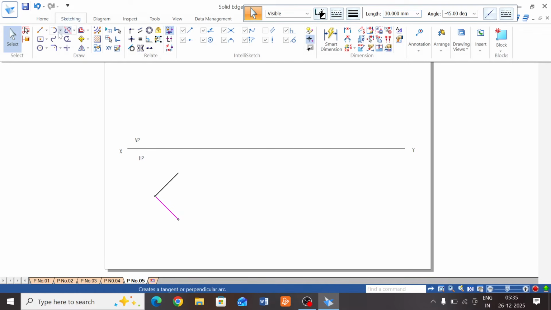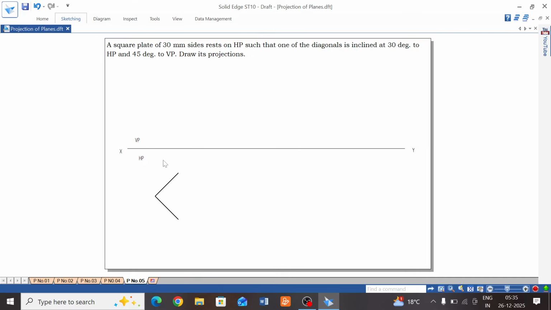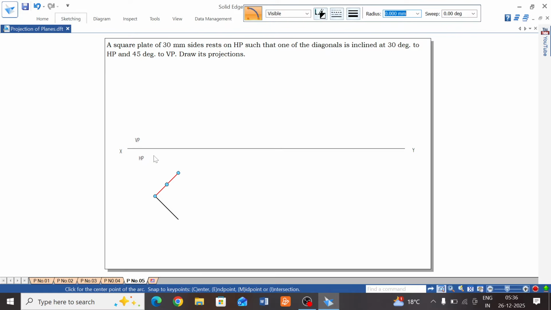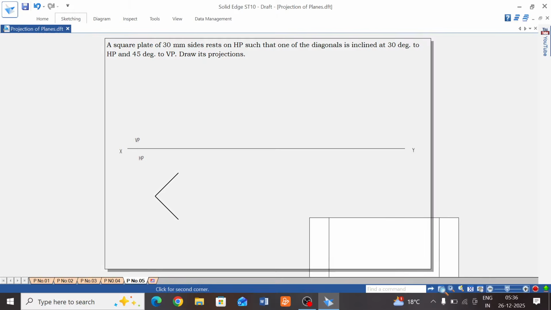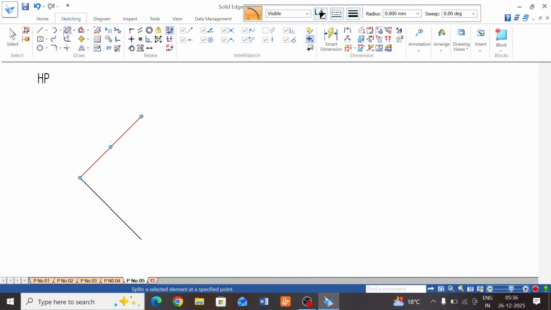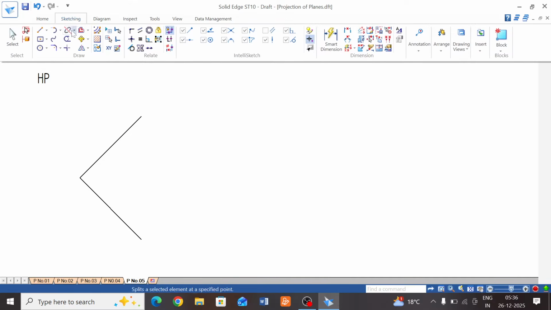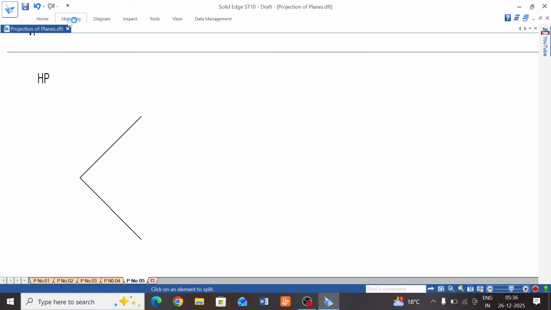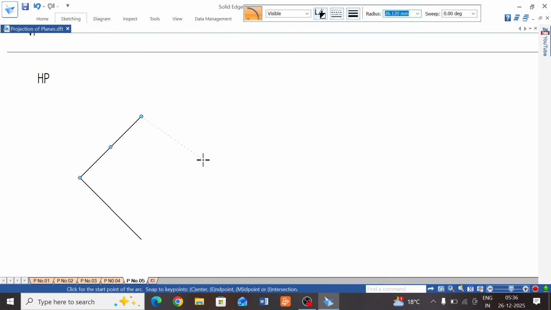Okay, next take a compass. From one corner, with radius 30 mm, draw one arc, and with the same radius 30 mm, cut that arc.